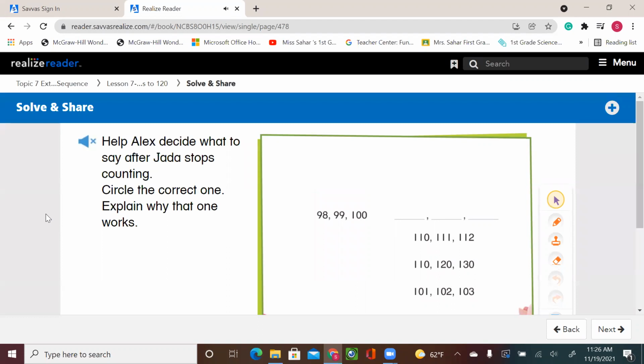Help Alex decide what to say after Jada stops counting. Circle the correct one. Explain why that one works. So Jada said she was counting and she said 98, 99, 100. As you see, Alex is counting by ones, 98, one more, 99, one more.